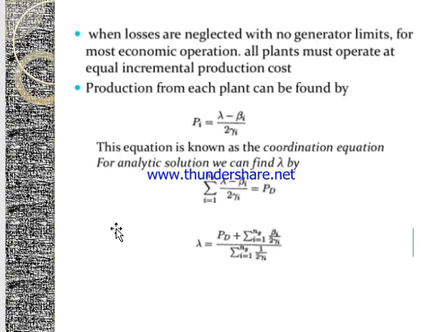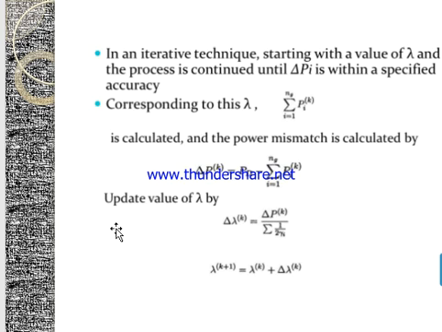Upon substituting that, we get the Pi value, and the summation of Pi will give you the Pd value, from which we can determine the analytical solution of lambda, which is Pd plus summation of i equals 1 to Nt beta i by 2 gamma i, divided by summation of i equals 1 to Nt 1 divided by 2 gamma i.